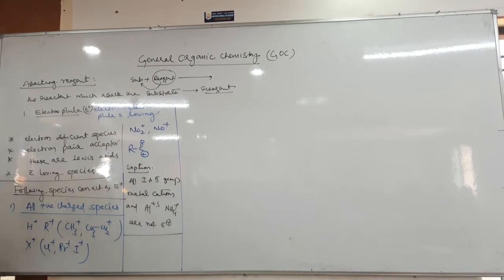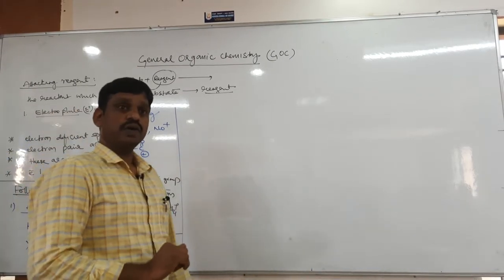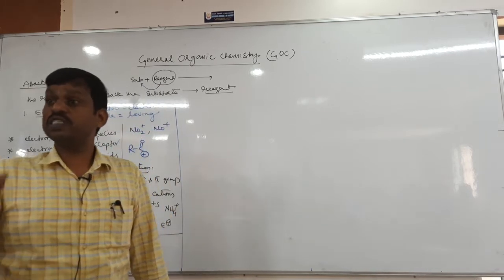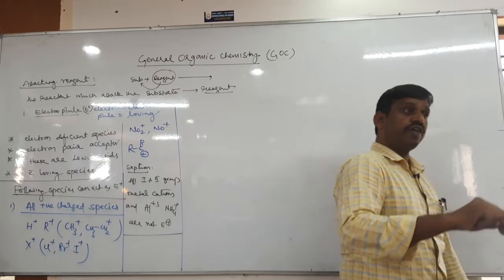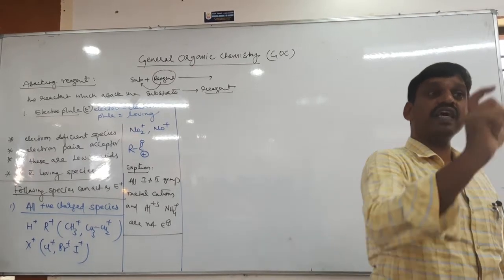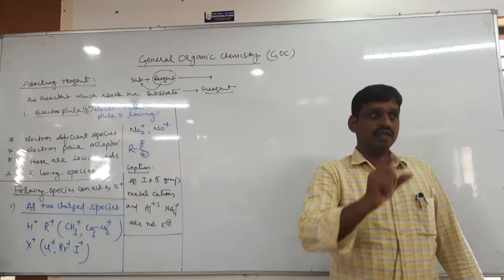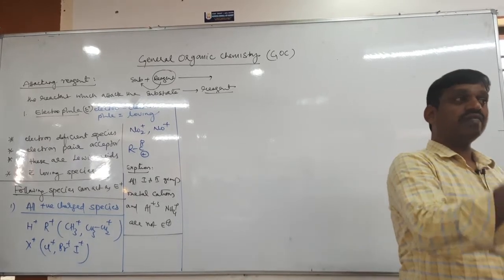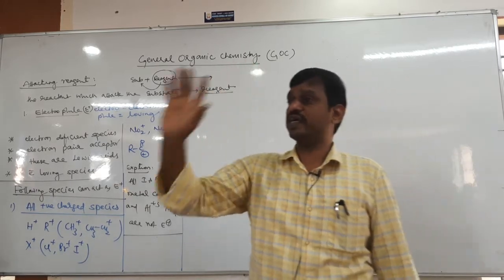So that is about electrophiles that are positively charged species. Is it only positively charged species that are electrophiles? No, there are even neutral species. There are two cases. The neutral species in which the central atom has less than 8 electrons, that is called incomplete octet, can also act as an electrophile.